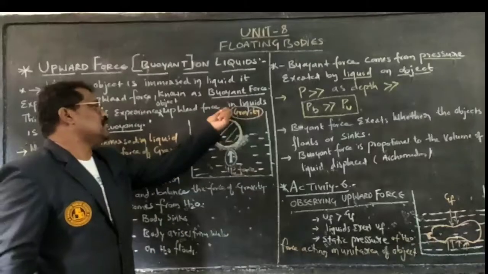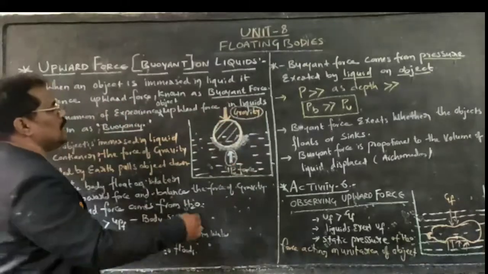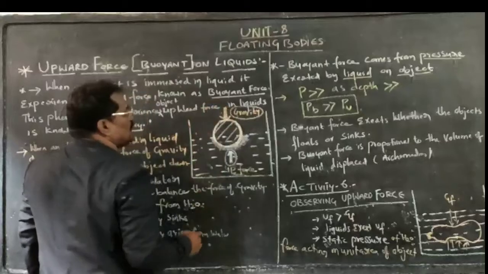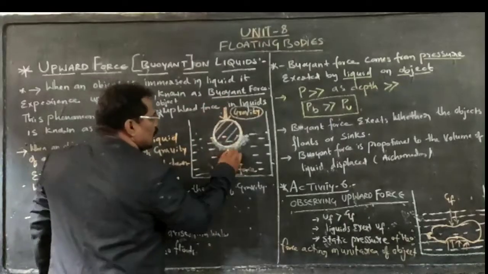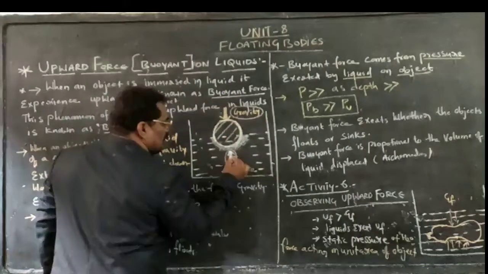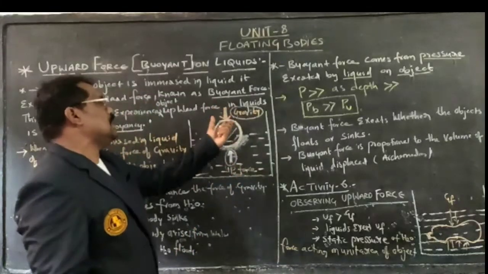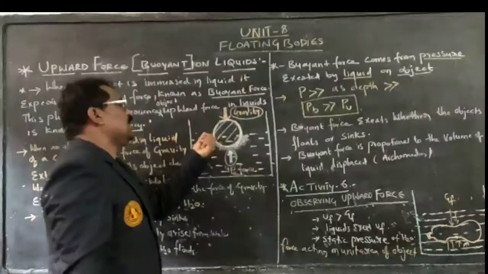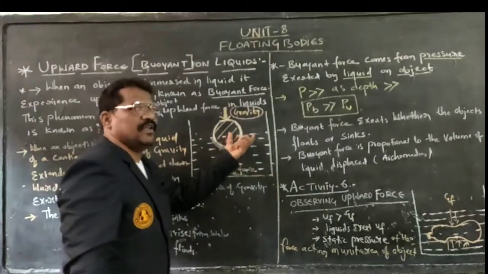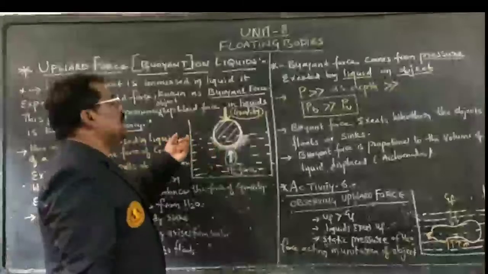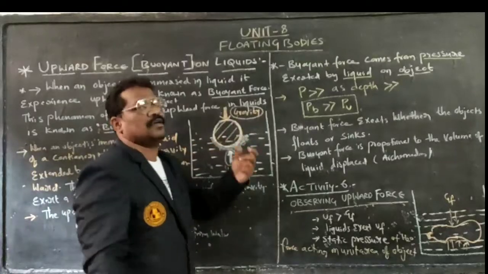Exactly opposite to this gravitational pull, there will be an upward force. Due to this upward force acting in the opposite direction, the object floats on the surface of the water or is partially immersed.